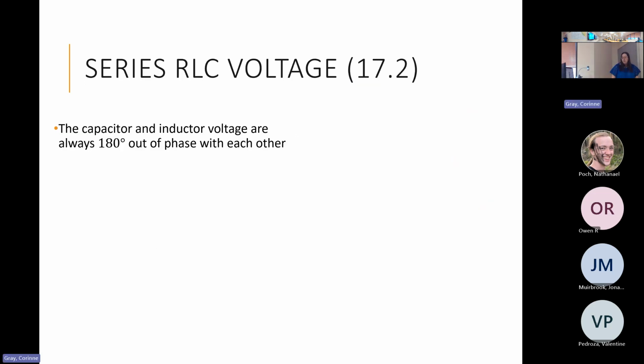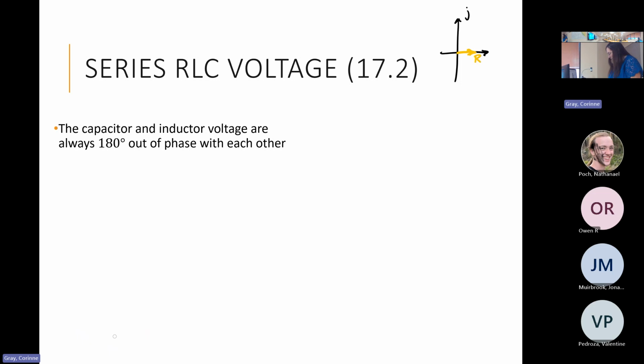So with the RLC series situation, the capacitor and the inductor are always going to be 180 degrees out of phase with each other. So if we go back to thinking about our phasor diagrams, for the resistance value, that's always just kind of been along that real portion, it's just going to be there.